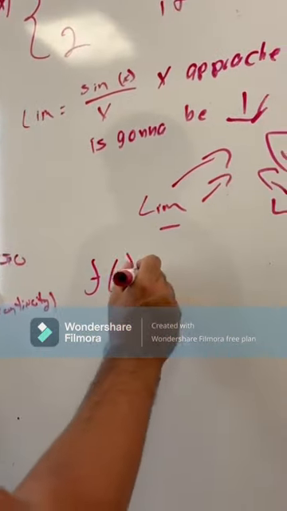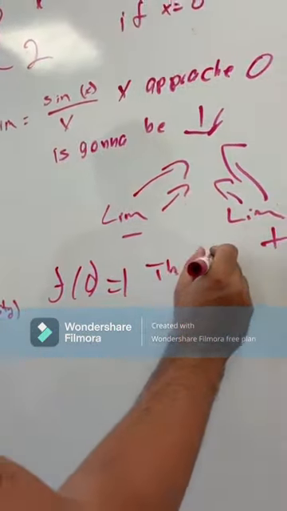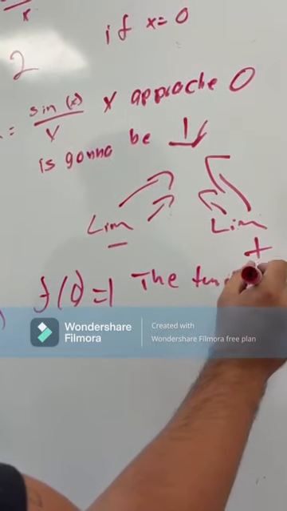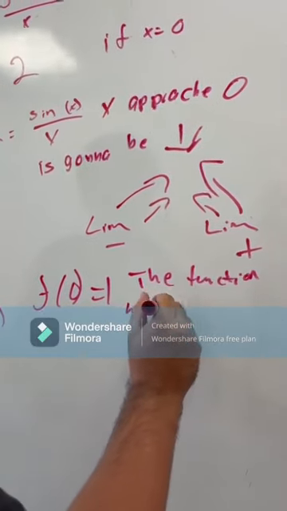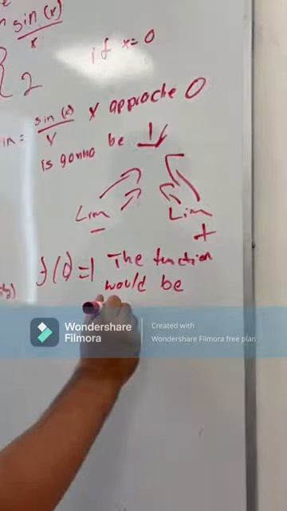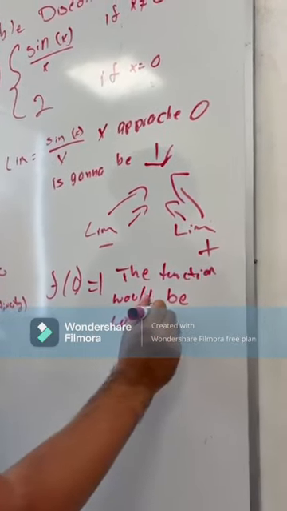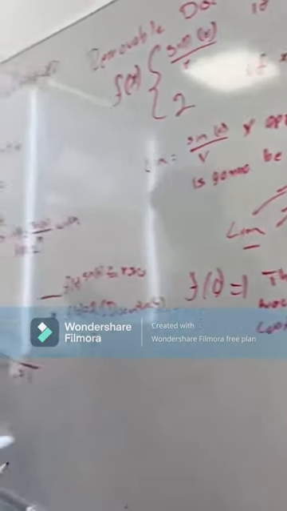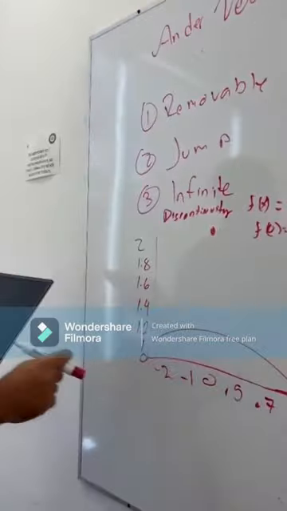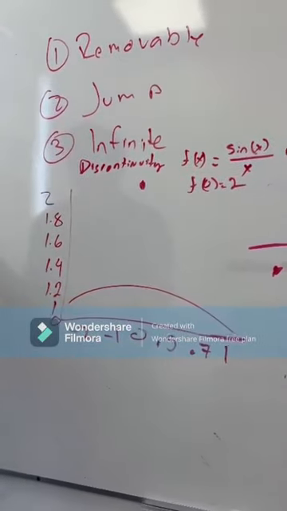If we simply set f(0) equals 1, the function would be continuous. Okay, now we can go to the graph part that I already prepared.